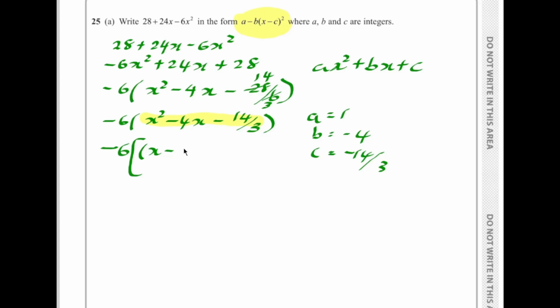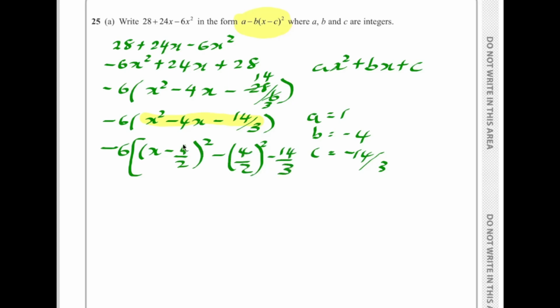Afterwards, next part is minus b over 2. So this is b, which is 4 over 2. It will be 4 over 2 squared. After that, whatever you write here, you have to square and subtract: 4 over 2 squared and subtract, and still I get minus 14 over 3.